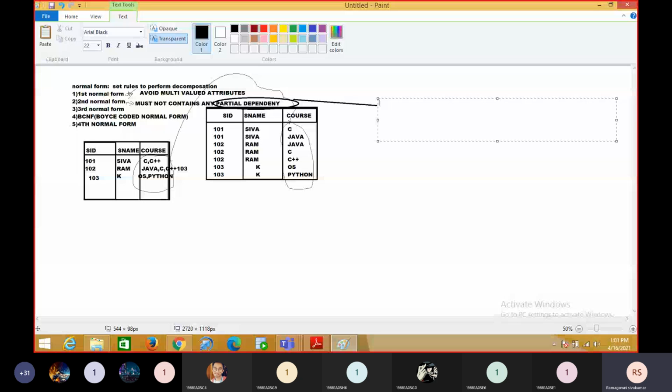So here find the prime attributes and non-prime attributes. Here the primary key is entering. See here subject ID, subject name. So these are different from this. So we divide with these attributes. First we write the attributes: subject ID.